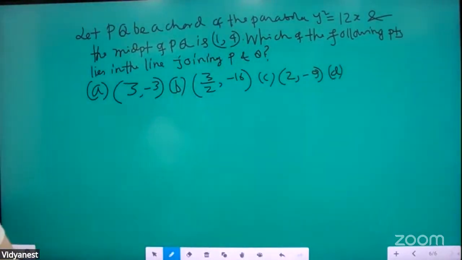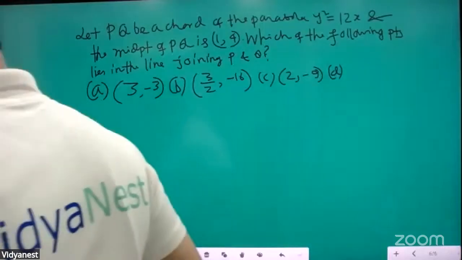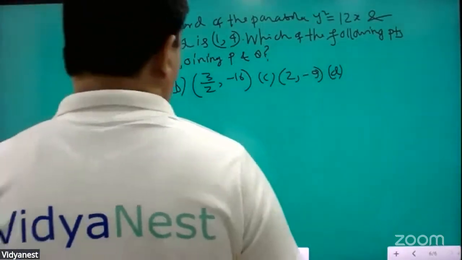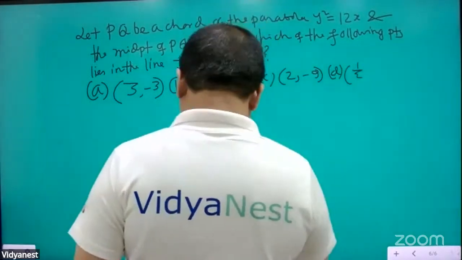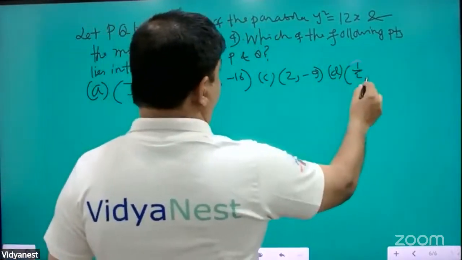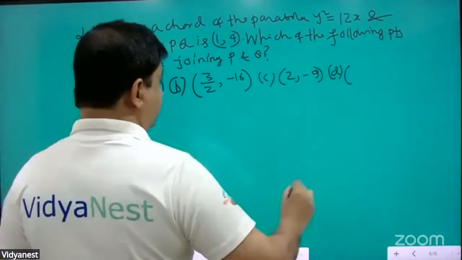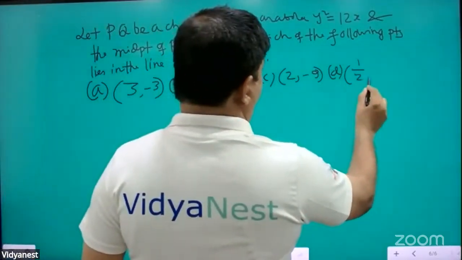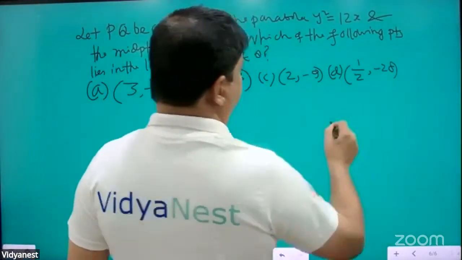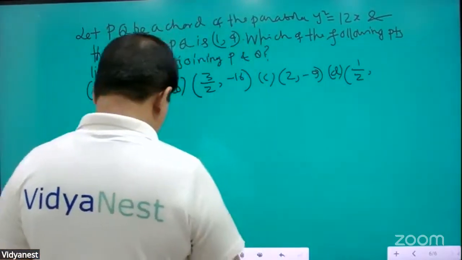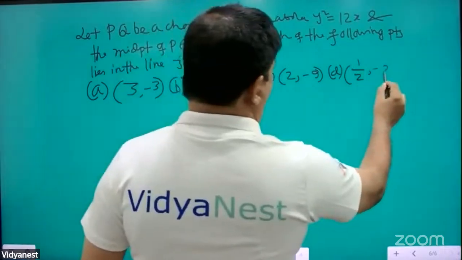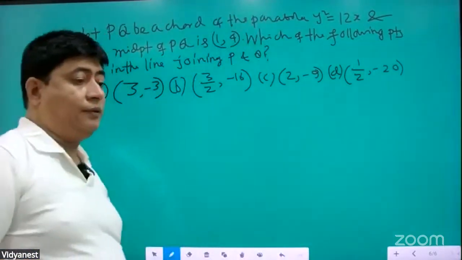And option D, half comma minus 20. Half comma minus 20. Okay.